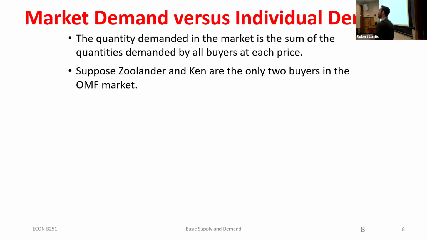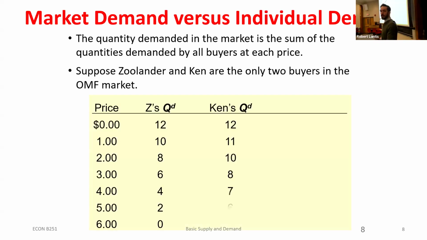So now we're going to move from an individual's demand curve to what we call the market demand. If I have one individual, the quantity demanded is how much I could sell if that's the only person in the market willing to buy my product. But if I have two people, Zoolander, at these different prices, this is how much he's willing to buy, and a second person, Ken, at these same prices, here's how much he's willing to buy.